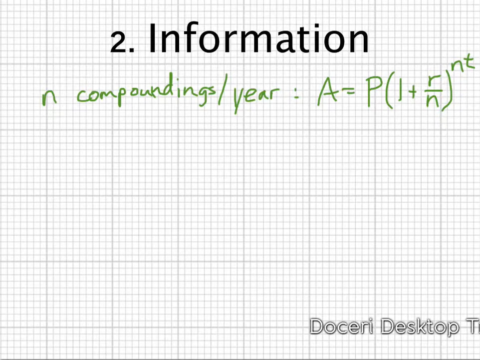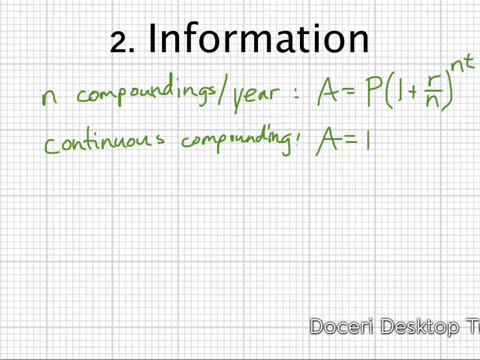We can also compound interest continuously. And this one's a little different, or we'll just say continuous compoundings. It's a little different in the fact that instead of the 1 plus r over n, we have A equals our original principal times e raised to the rt. And you're probably asking yourself, where does e and r come from?